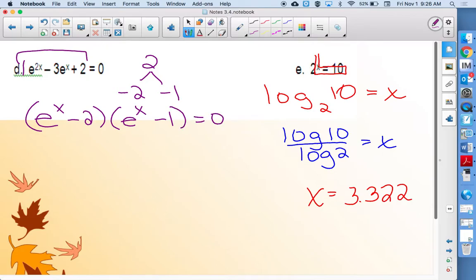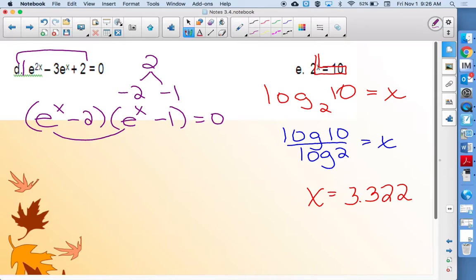If I multiply, what do you do with the exponents when you're multiplying? Add them. So x plus x makes 2x. So e to the x times e to the x, you add the exponents, and that's how you get the e to the 2x power.